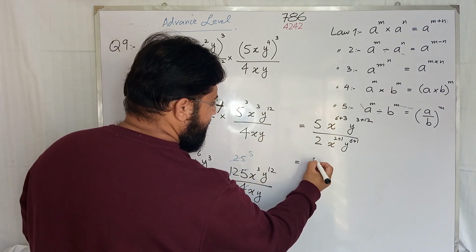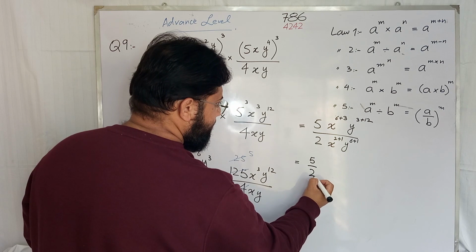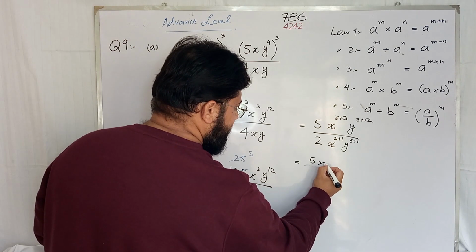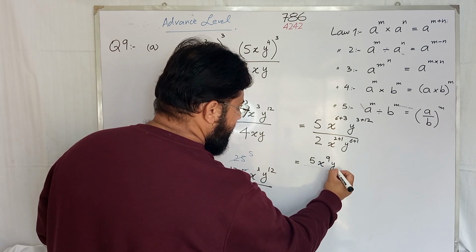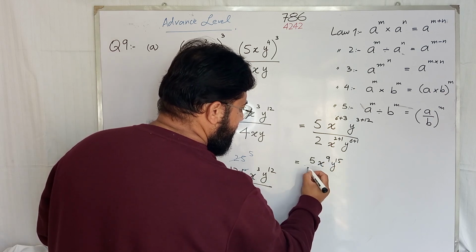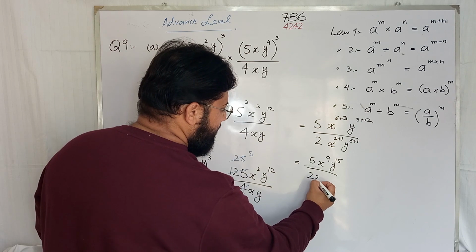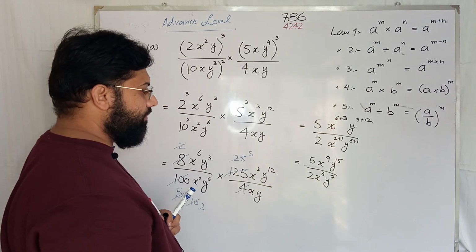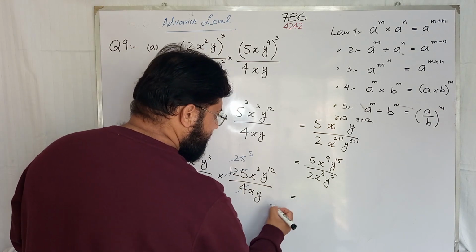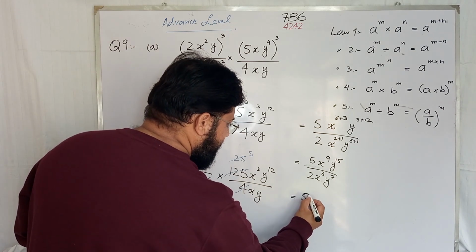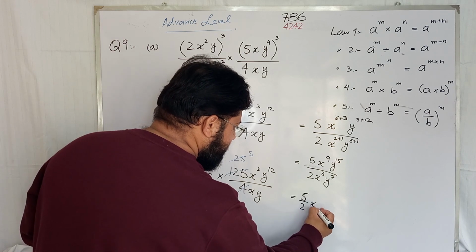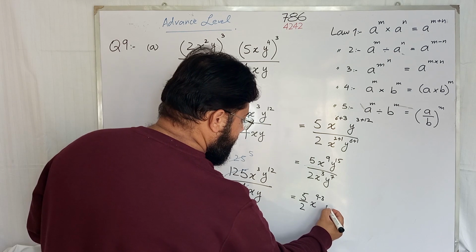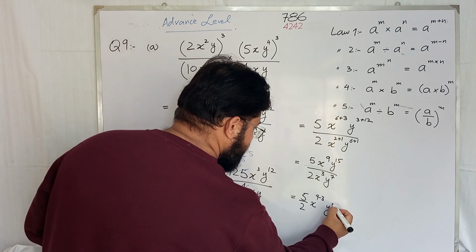Next, 5 over 2, or you can write down as first 5x⁹y¹⁵ divided by 2x³y⁷, and last step would be 5 over 2 combine x, 9 minus 3, y, 15 minus 7.